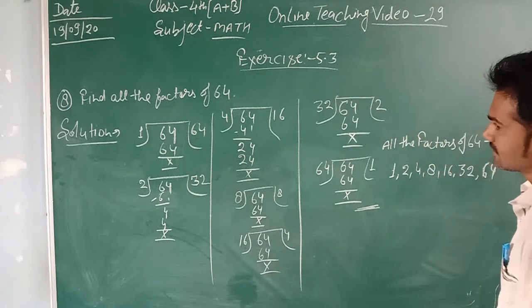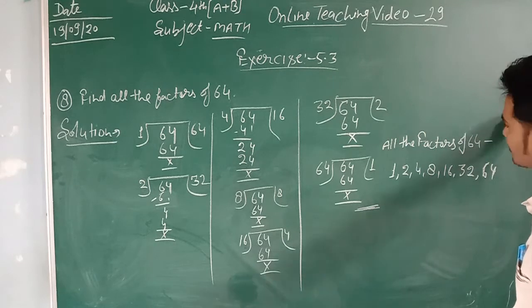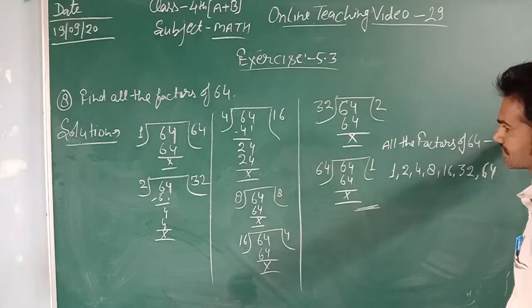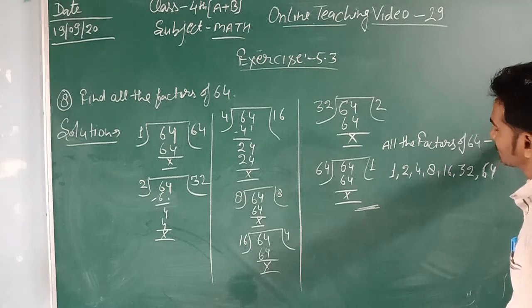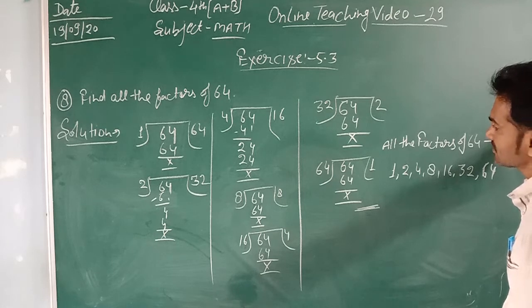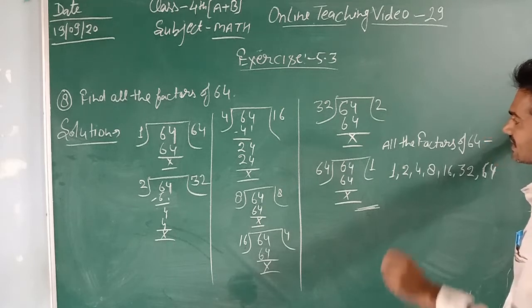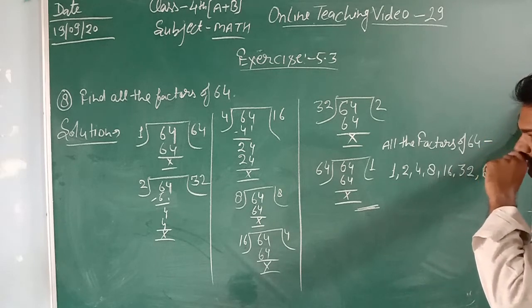Now we will divide by 2 because the unit digit of 64 is 4, so it is divisible by 2. Now 6 plus 4 equal to 10, so it is not divisible by 3. So we will try the next number 4, so it divides 16 times. After that we will divide 5, 6 and 7.